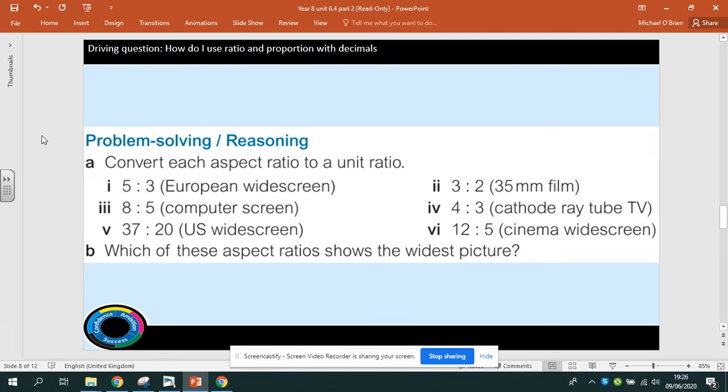So if you had 6 screens, all of the same height, at those different aspect ratios, which one would be the widest? So take your time, work through this. You may or may not need a calculator. Pause the lesson and turn it back on when you're ready to continue.